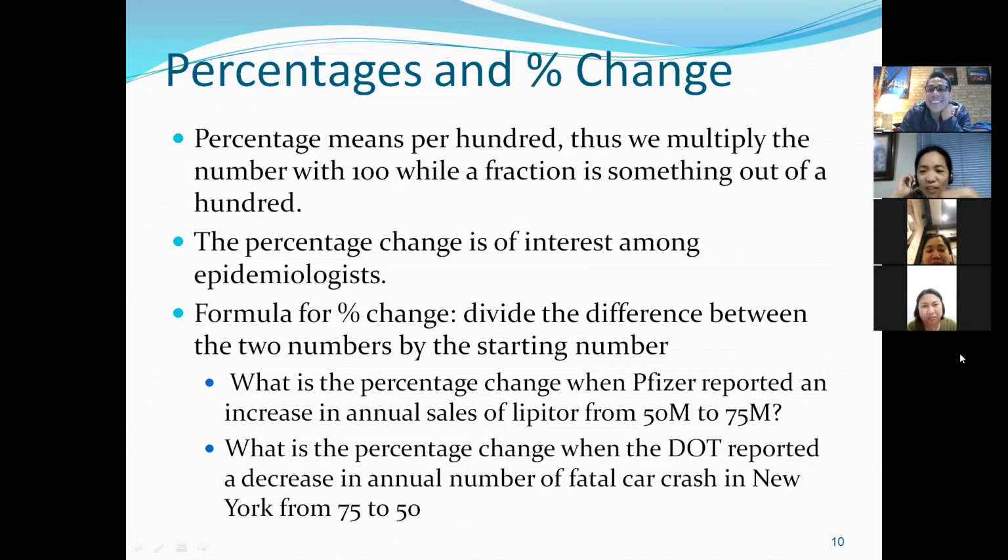All right. I have a question. Oh, yes, go ahead. When you subtract, do we always subtract the smaller number from the higher number all the time? No, we subtract with the first number. For example, for the first example, you said 50 million to 75.